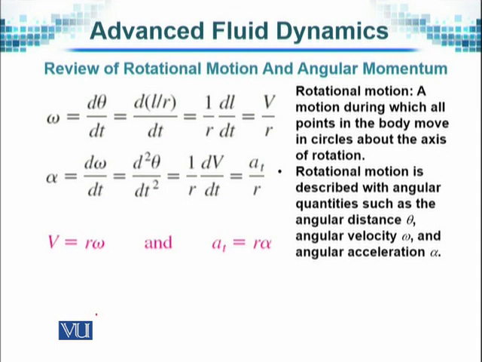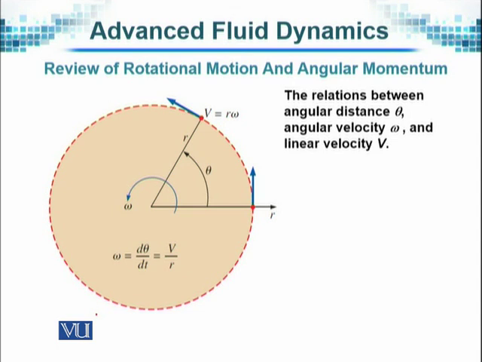So the linear velocity can be written in terms of angular velocity as v is equal to omega r. Omega is equal to v over r, and likewise at is equal to r into alpha, where alpha is the angular acceleration.